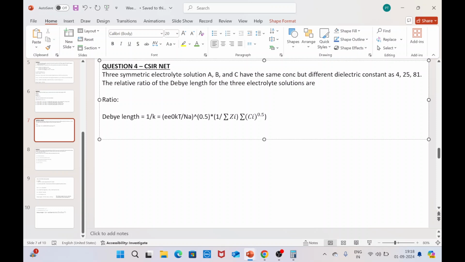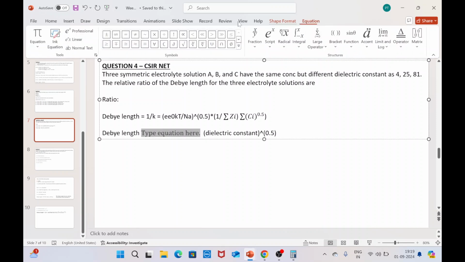So you just need to tell me what could be the ratio. So Debye length is proportional to dielectric constant whole power 0.5.